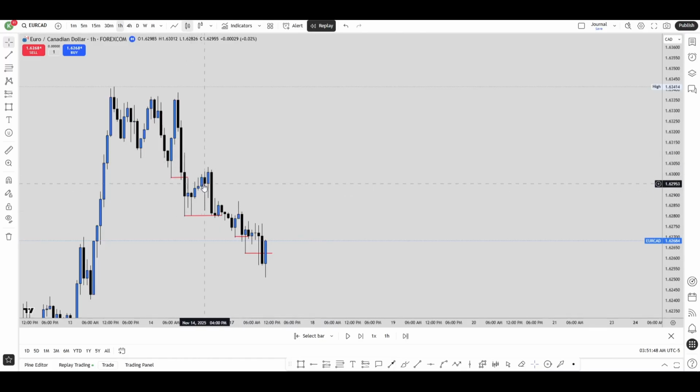So right now we can see we have a series of lower lows, lower high, lower lows, lower high, lower lows, lower high, lower lows, lower high, and lower lows. And altogether we've been having a break of structure, and to this recent break of structure right here. So we expect price to keep moving lower and keep the same break of structure all the way to the sell side.